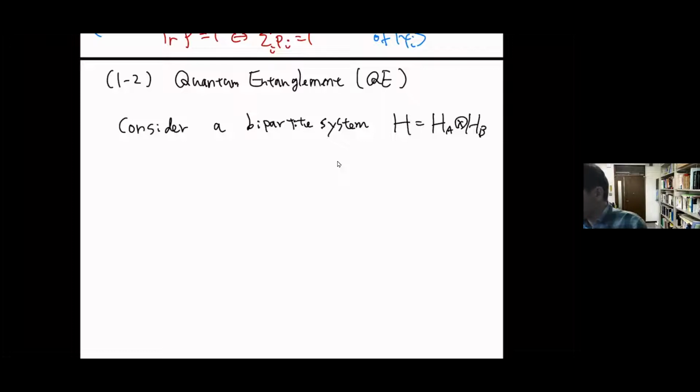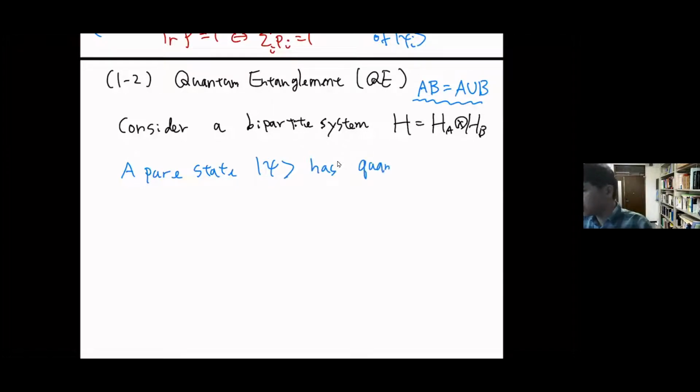In quantum information theory, we write AB to mean A union B, so we also follow this notation. Now I'm talking about pure states. A pure state psi has quantum entanglement if and only if this psi cannot be written in a direct product form.